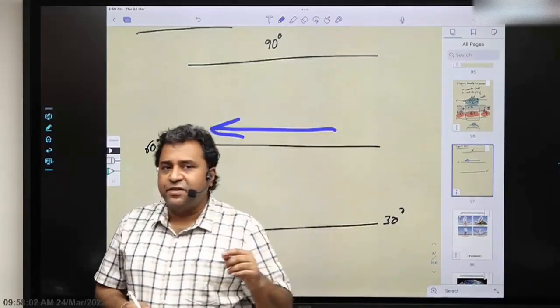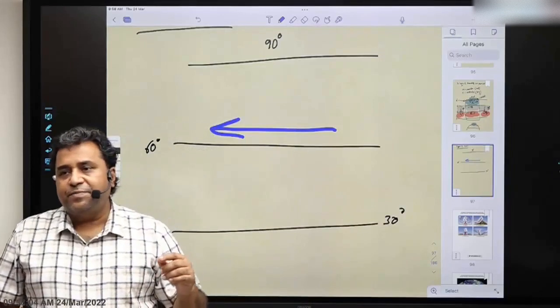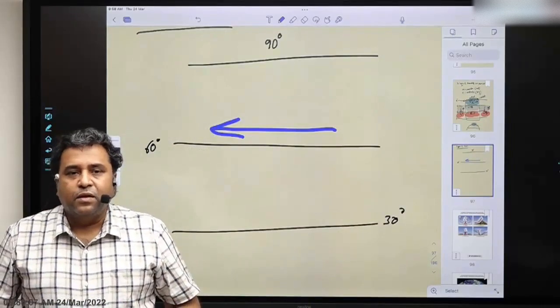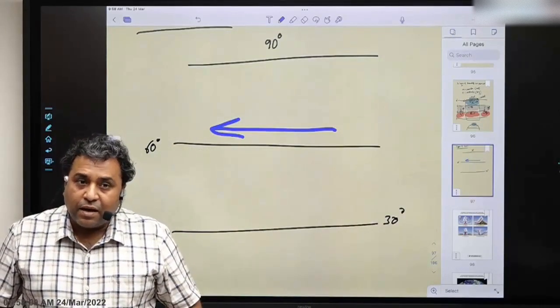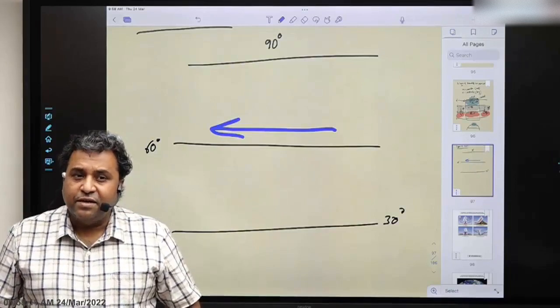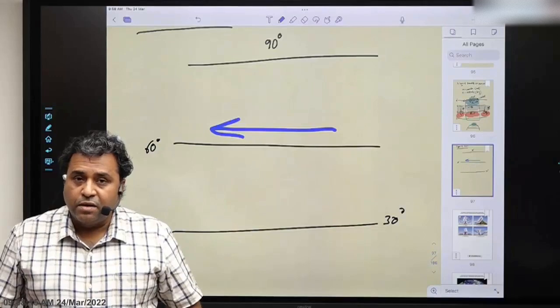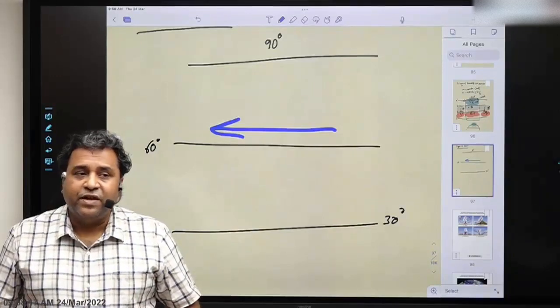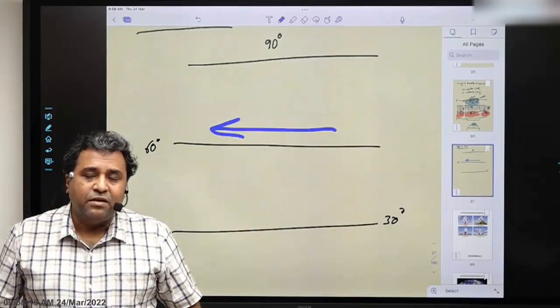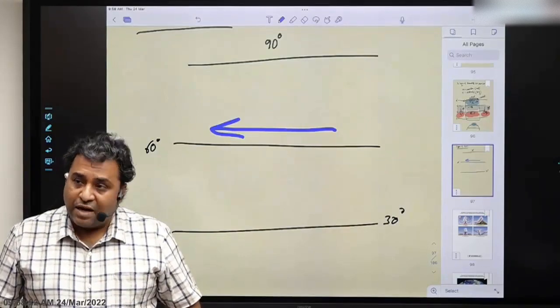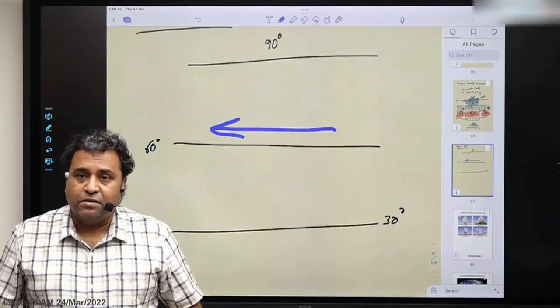Now, which front is there at 60 degree? Separating which air masses? Polar and... copy में देखो, मेरे को देख के नहीं बोलना है. At 60 degree, which front do we have? Separating the polar and Arctic. Polar and Arctic. ठीक है?